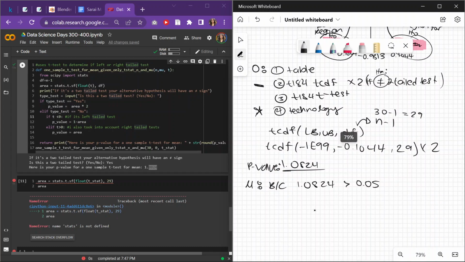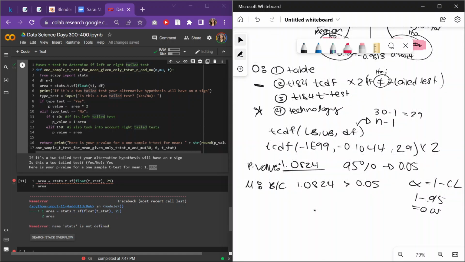How did we come up with that? A 95% confidence level gives you a 0.05 alpha level, because alpha is equal to 1 minus the confidence level, and so 1 minus 0.95 is equal to 0.05. Hopefully, right? Hold on. Let me make sure. Yeah.